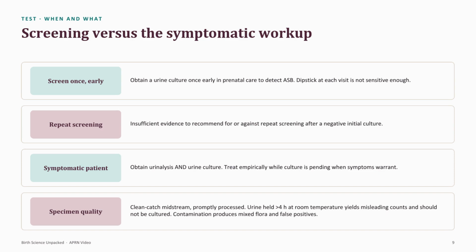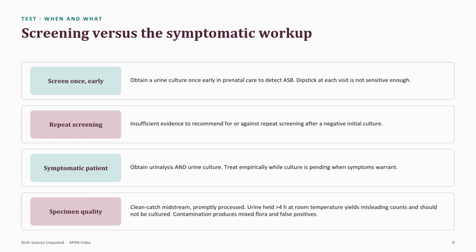Don't rely on the dipstick. Dipsticks at each visit do miss asymptomatic bacteriuria. After a negative initial culture, the evidence does not tell us to repeat or not repeat, so use judgment and risk factors. For any symptomatic patient, send a UA and a culture together.